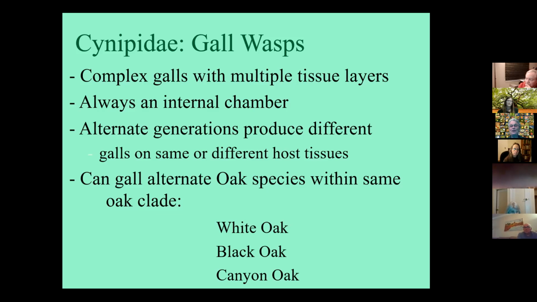These include the huge, beautiful canyon oaks that you probably see in your area, but also the teeny tiny, at most 2 feet tall, up in the high Sierras, huckleberry oak. And all of these can make the same gall. So we'll see the same suite of galls and the same species of gall wasp making galls on all of the species within this clade.